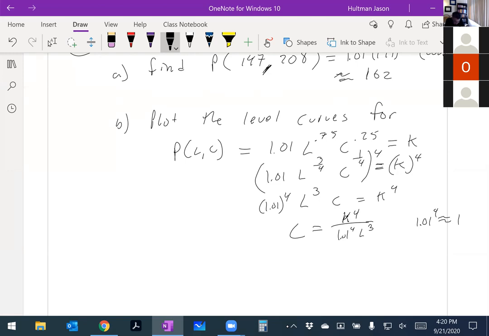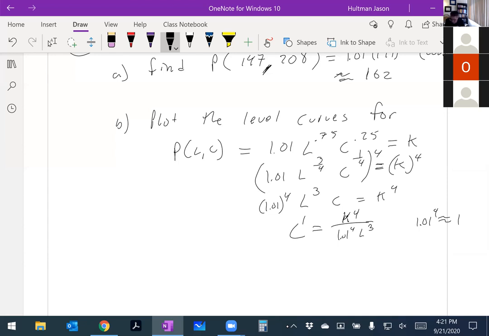Okay, but we can kind of see that if you take 4 Ks, multiply them together, and divide by 3 Ls, you end up with 1 C, right?